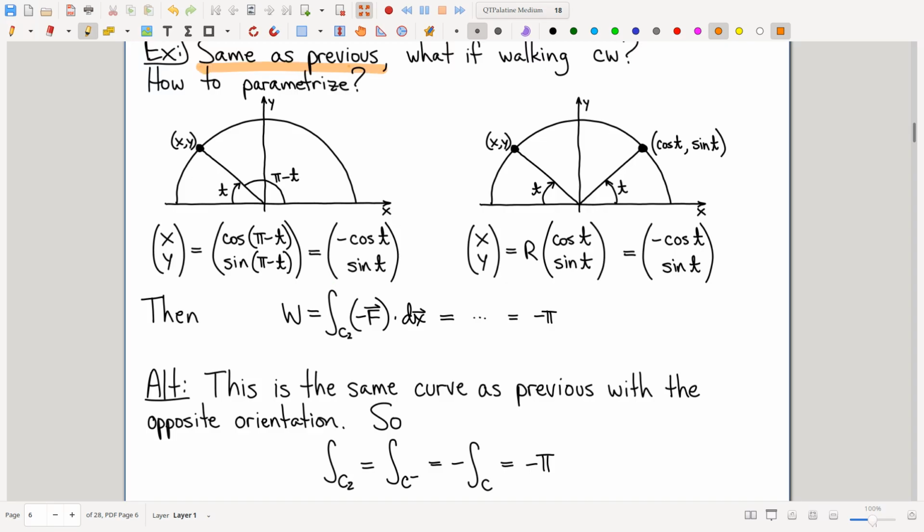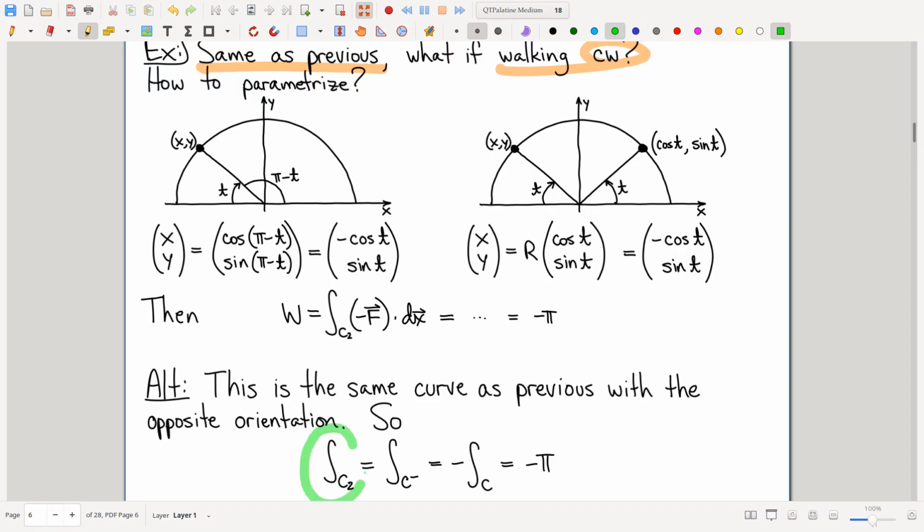This time, though, going clockwise, not counterclockwise. I'm going to show you 2 different ways to parameterize clockwise. And you can plug and chug, just directly take these parameterizations that go clockwise and use all the same formulas that we just did.